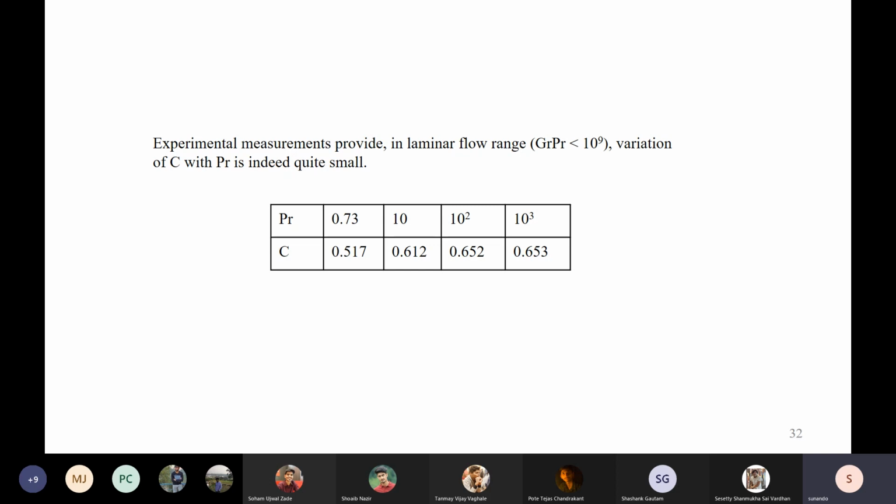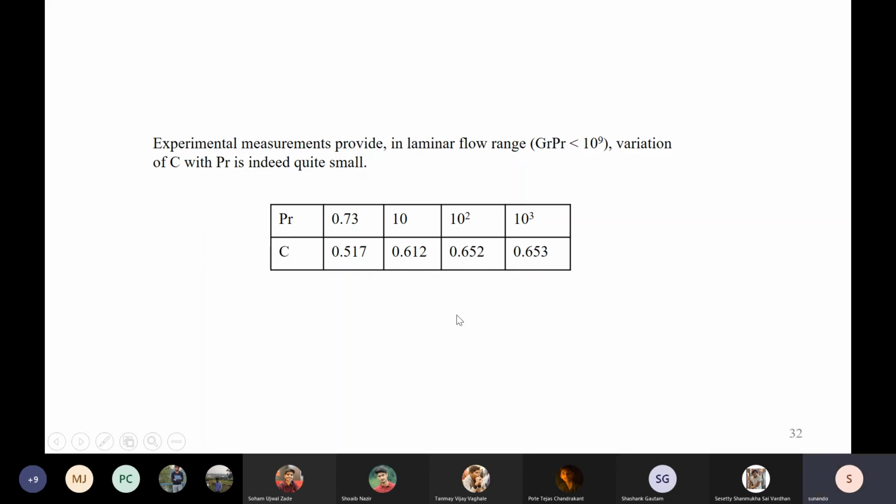So your understanding and common sense can take you a long way, and this is a beautiful example of how that is done. And therefore, when you look at any natural convection formula right now, you know the reason why this C is given as a constant value, even though we understand it is a function of Prandtl number.